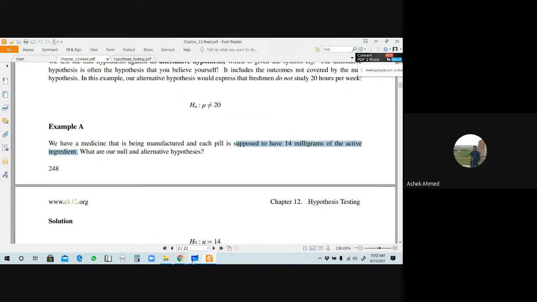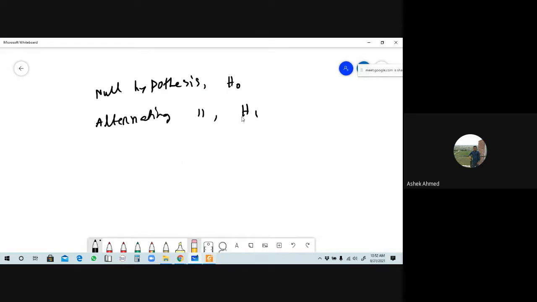Our null hypothesis, which I have already discussed, we assume according to the question. The question gives 14 milligrams, so the null hypothesis will be mu equals 14. Understand?